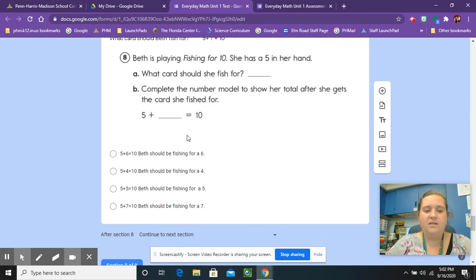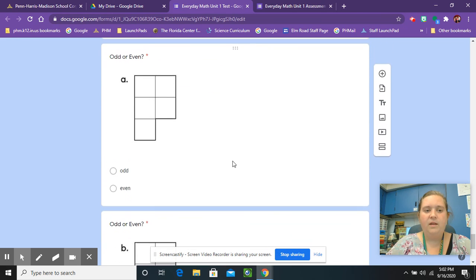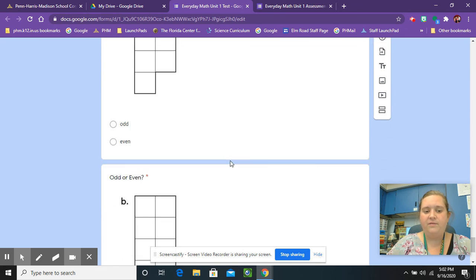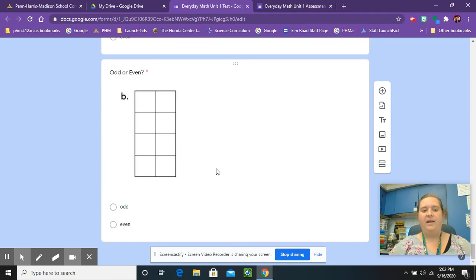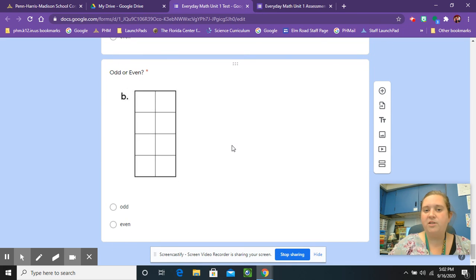So read the sentences here at the bottom and choose your best answer. Okay, here is a picture of some squares, and I want to know, are those odd or even? Here's another picture, odd or even.